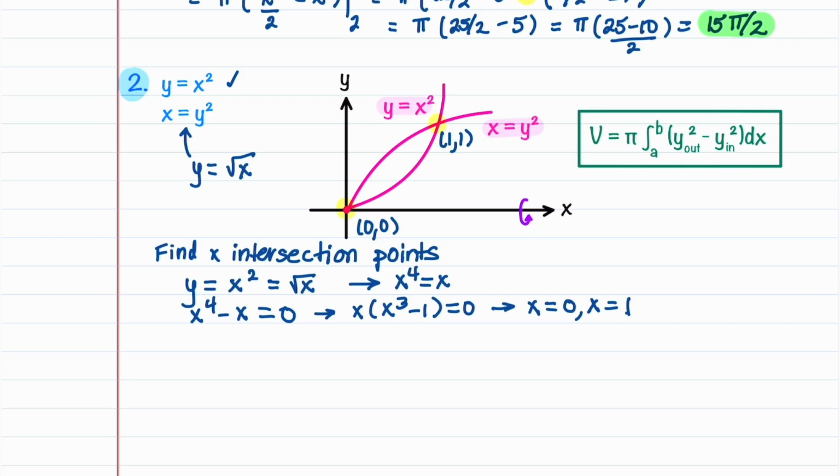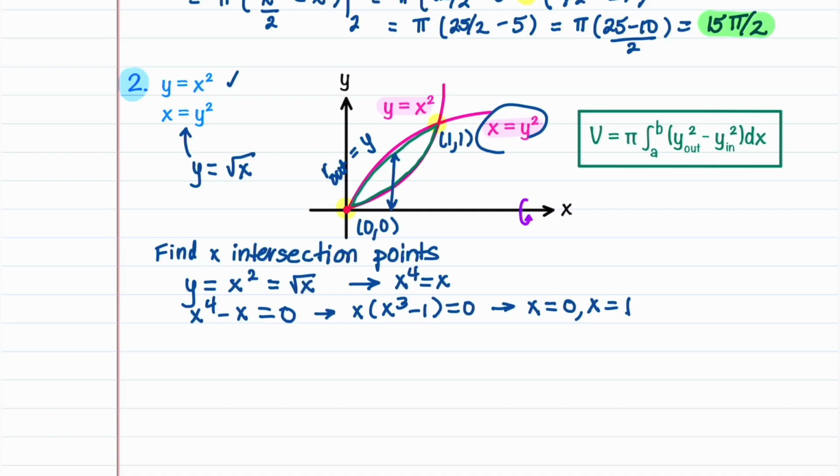Because we have a gap between the region that we're integrating, let's highlight this in green so you can see that region. We're going to have an outer radius and an inner radius. This is our outer radius, and it is equal to y, and it touches our top curve right here.